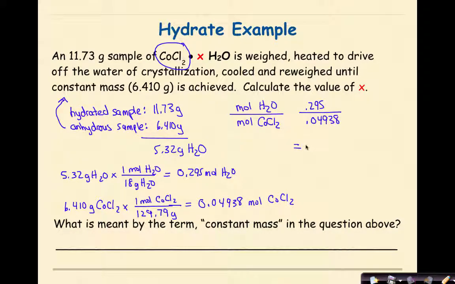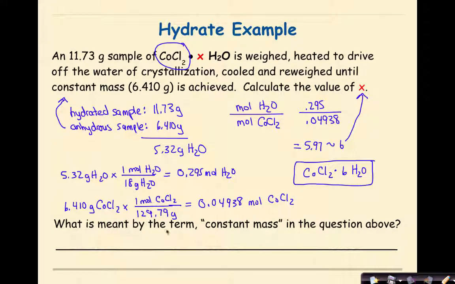And if I put this into my calculator, I get 5.97, which I'm pretty comfortable with rounding up to 6. That means this 6 represents our X. So the full formula here now of our hydrate is CoCl2.6H2O. So we have solved for the X in our hydrate.